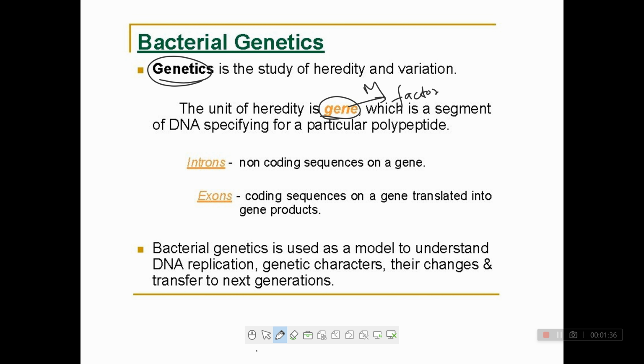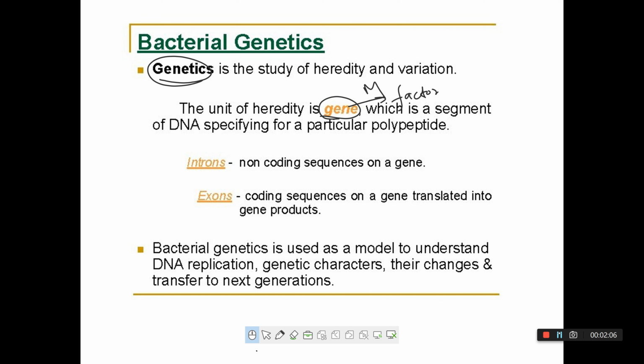There are some factors which are transferred from one cell to another cell and carry information. That factor is now known as a gene. So a gene is also known as a factor in Mendel's language.